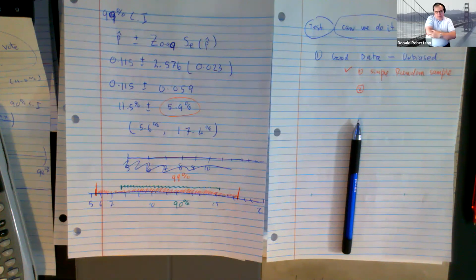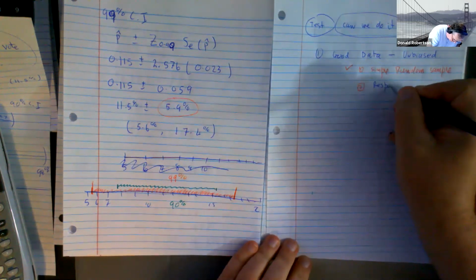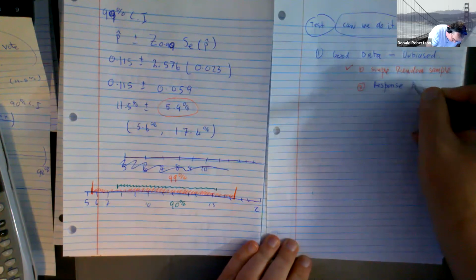If you ask people, would you vote for someone if they paid you money? Is there a possibility in that question that a reasonable number of people could lie? And we call that, in this particular case, response bias.